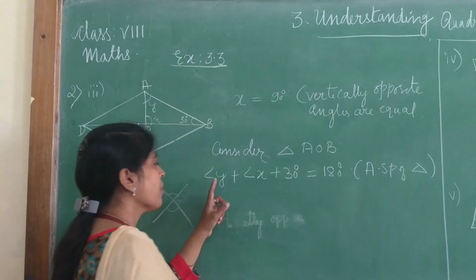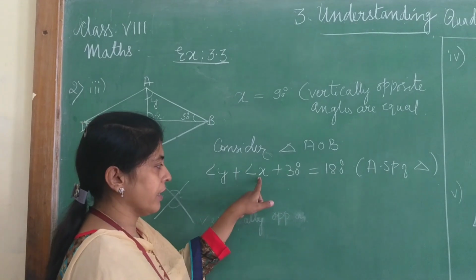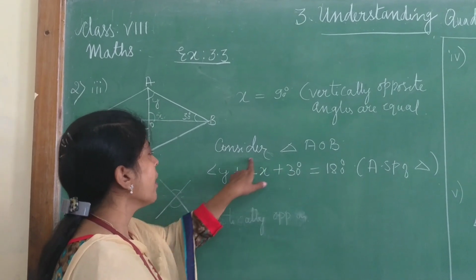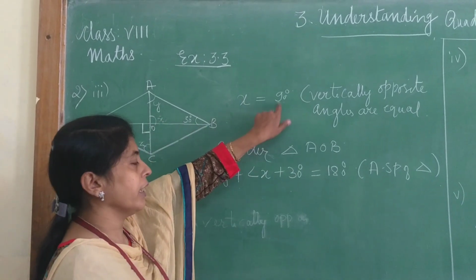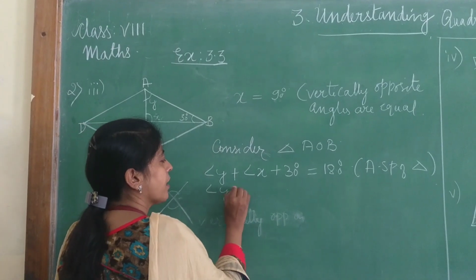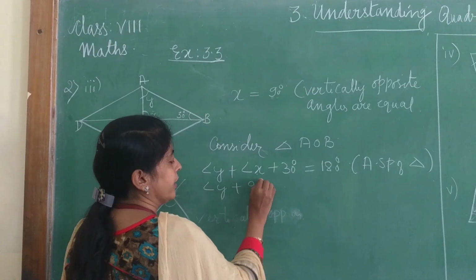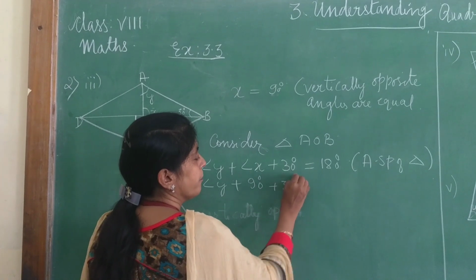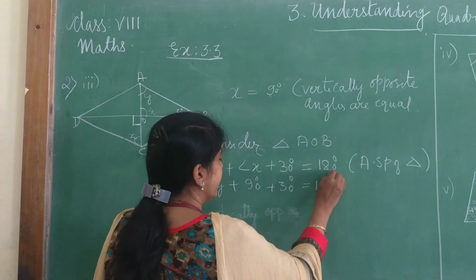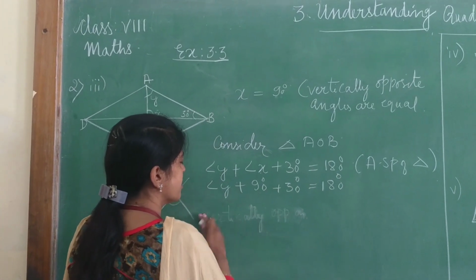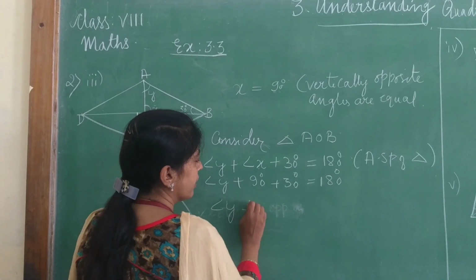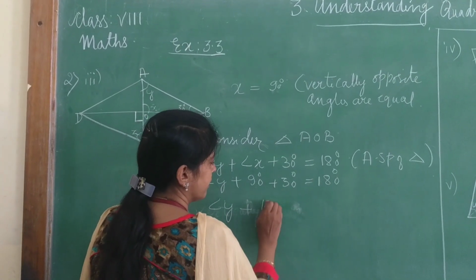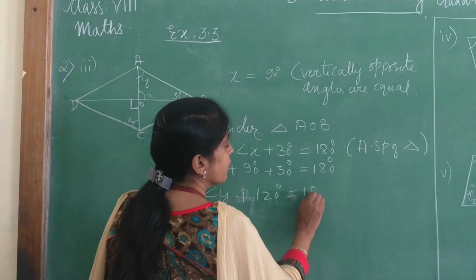So therefore, y plus x plus 30. As we know the value of x now, that is, angle x is equal to 90, plus 30 is equal to 180 degrees. So 90 plus 30, as you know, is equal to what? 120 is equal to 180.